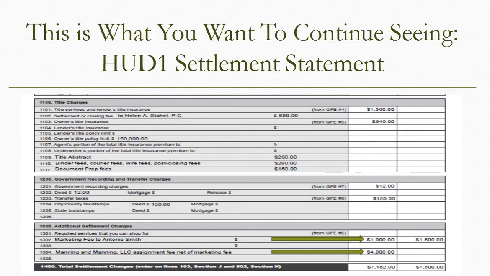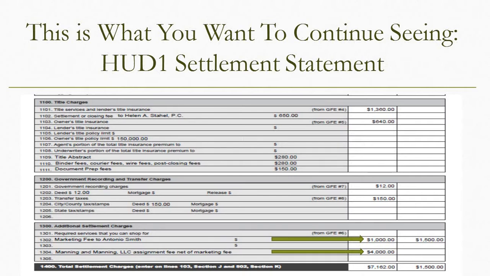So I paid him what's called a bird dog fee, which is $1,000. I got the property under contract. I worked out a deal with the seller. I found a buyer. I was paid $5,000, but since Antonio and I had a marketing agreement, like I mentioned earlier, I paid him a marketing agreement fee, which was $1,000, and I kept $4,000 for myself, for my company, as the assignment fee.